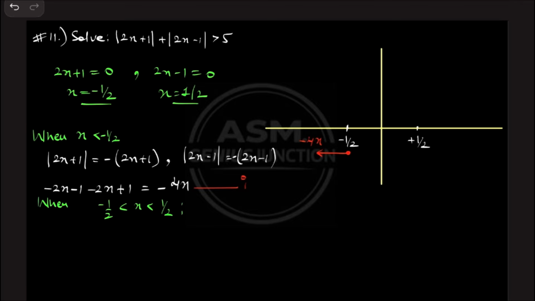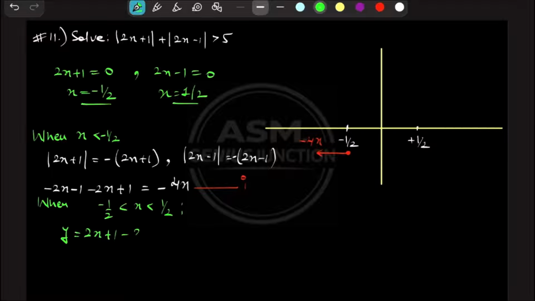Okay, so when the value of x is between these two values, I can write y equals 2x plus 1 minus 2x plus 1, and I will get my final answer as 2. So basically between these two values I'm getting my final answer as y equals 2. Okay, this is my point number 2.